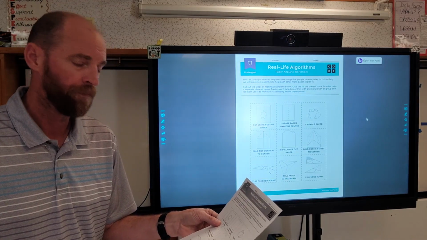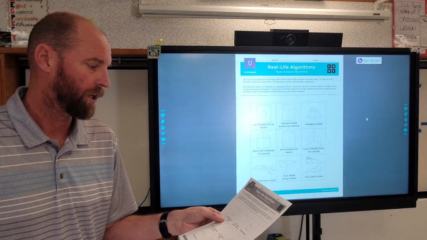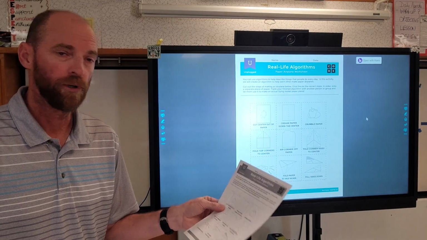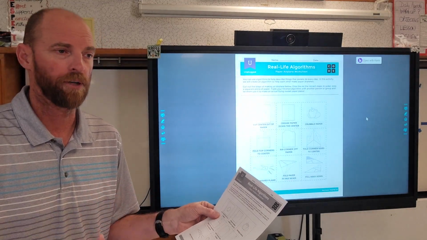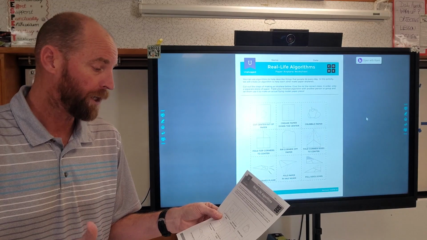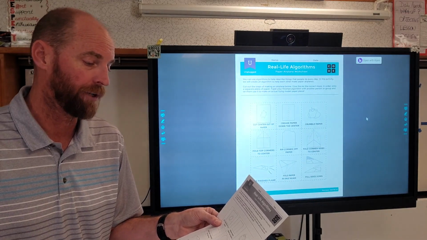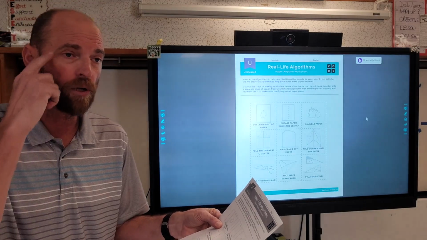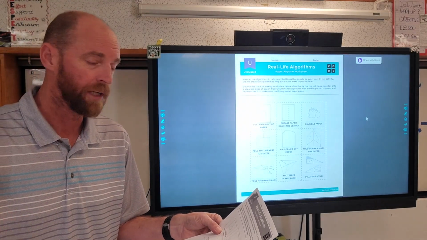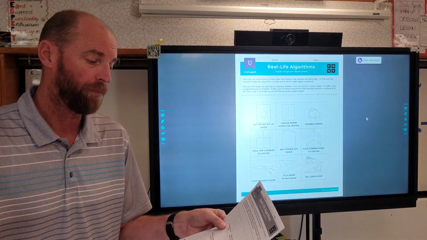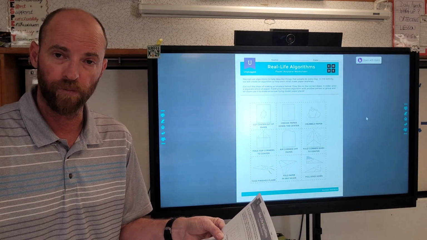And this activity is real life algorithm of paper airplanes. So we can use algorithms to describe things that people do every day. In this activity, we are going to create an algorithm to help each other make paper airplanes.